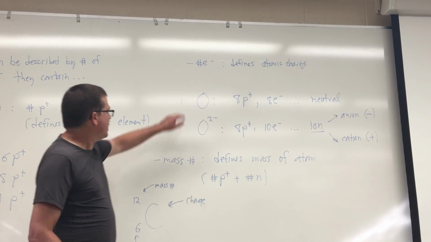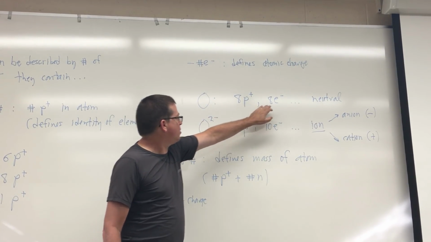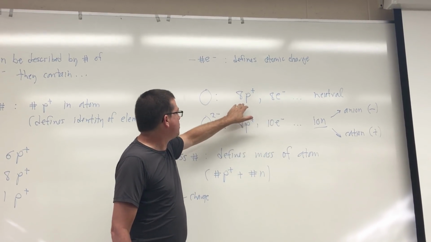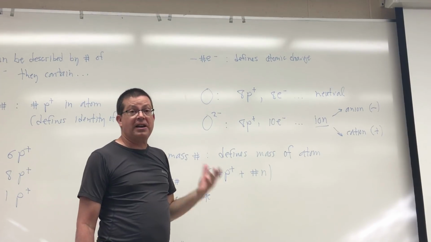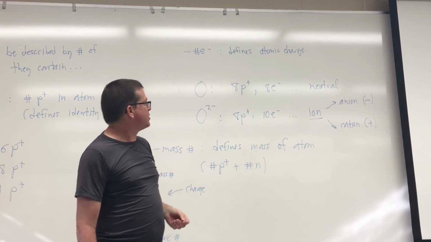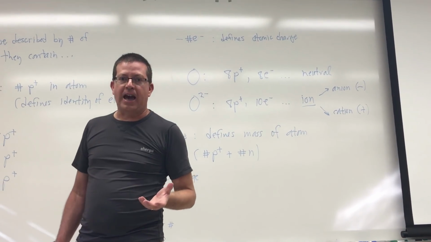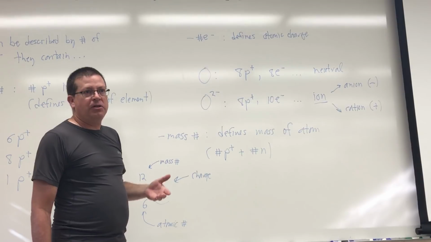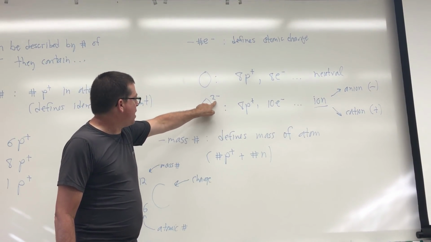So, for example, if I have an oxygen atom that has 8 protons in its nucleus and also 8 electrons in its electron cloud, we'll see that the 1 plus charge cancels with the 1 minus charge because I have 8 of each. As a result, that particular atom will carry no charge, and we say that the atom is a neutral atom.